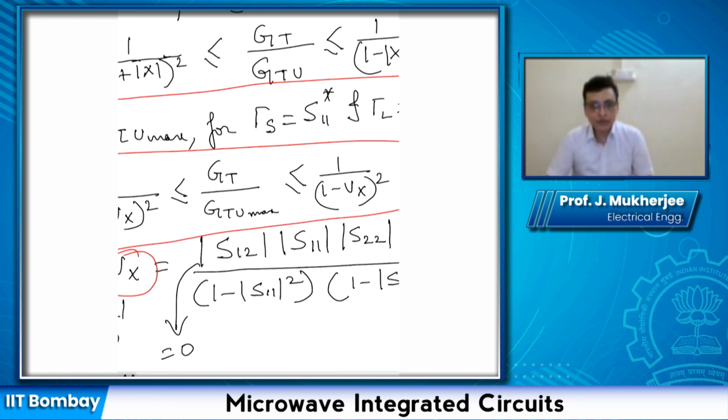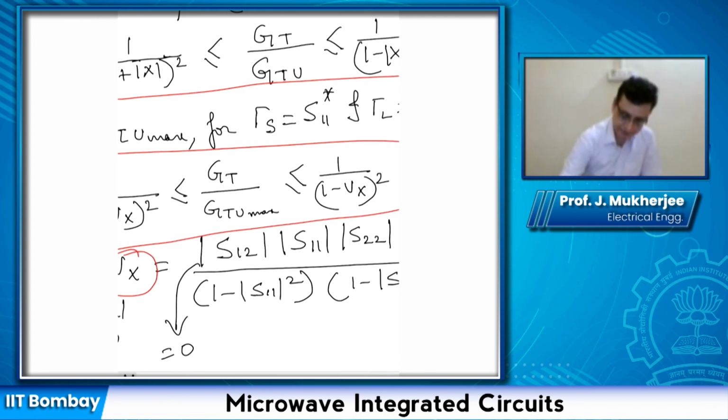For the bilateral case, we can't have a design as such, the way we have designed it. But we can have one case, that is if both the ports are well matched. That gives the case for the maximum value of GT.